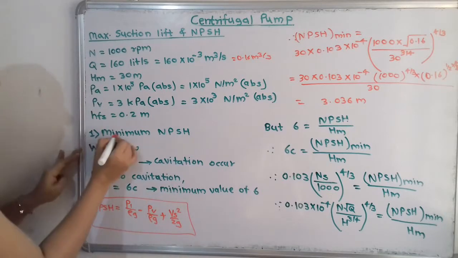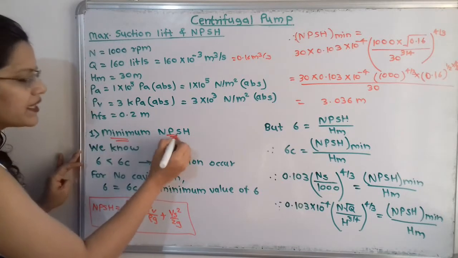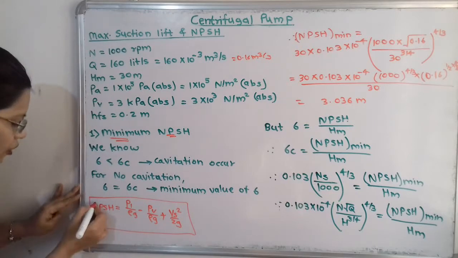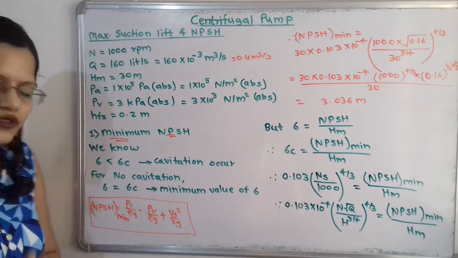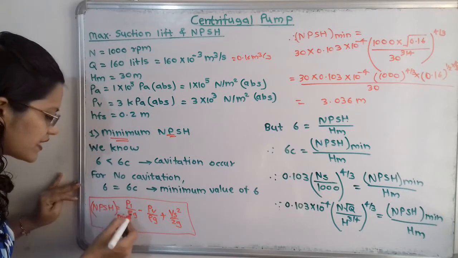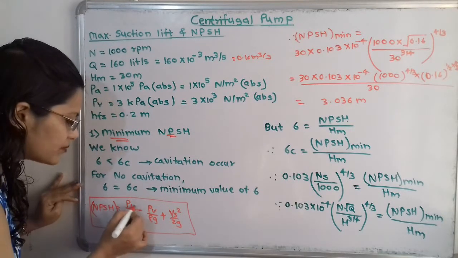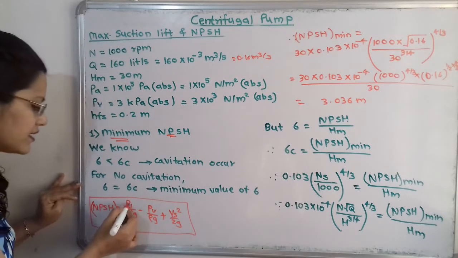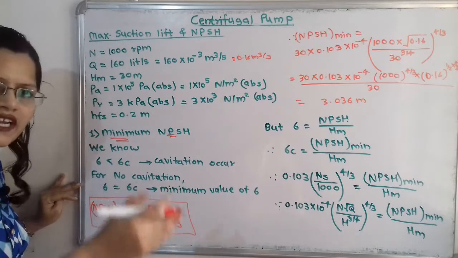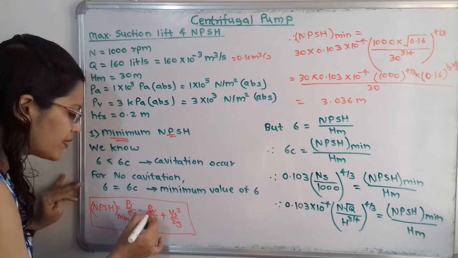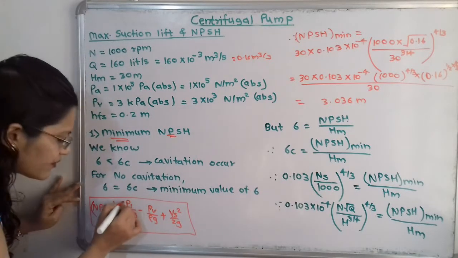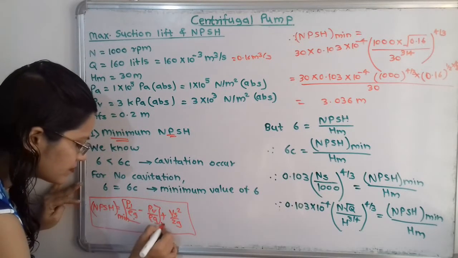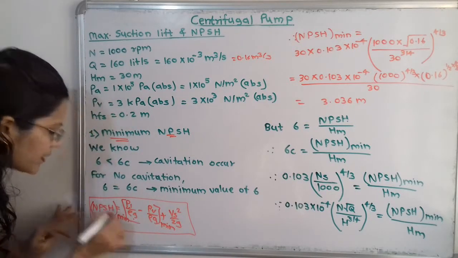Now here the question is minimum NPSH, that is we want this value minimum. So when will it become minimum? We know that this NPSH is calculated by the difference of these two pressure heads, that is P1 by rho g, the pressure head at the inlet of the pump, and the vapor pressure head. So when this difference is minimum, then we will get NPSH minimum.